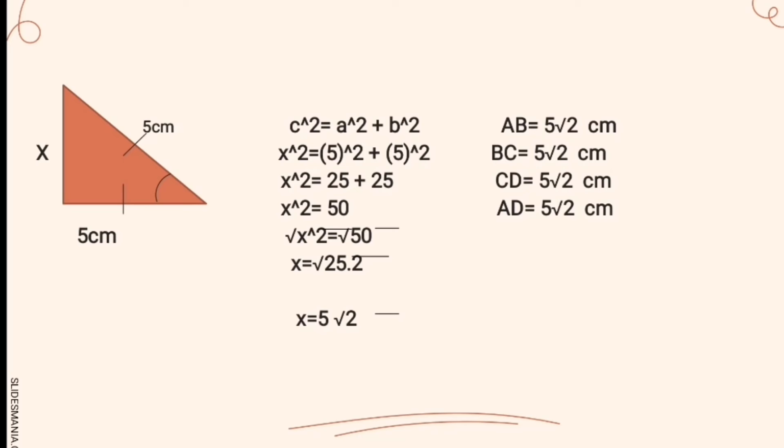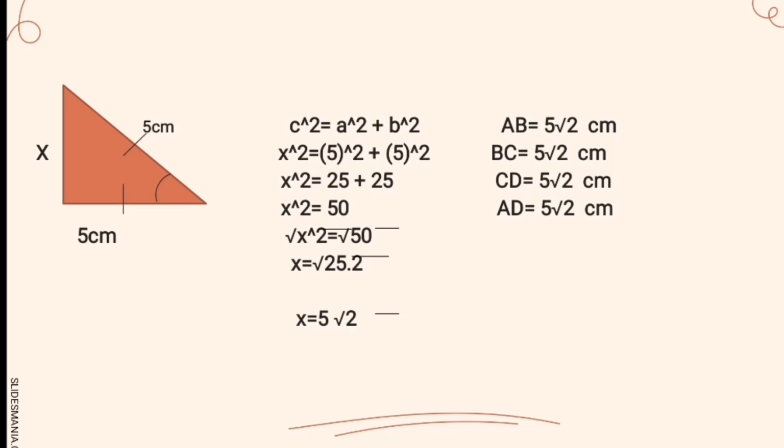The square root of x squared is equal to the square root of 50. Getting the square root, the factors of 50 are 25 and 2. So x is equal to the square root of 25 times 2, which is 5 square root of 2. Therefore, each side, let's say AB, is equal to 5 square root of 2.